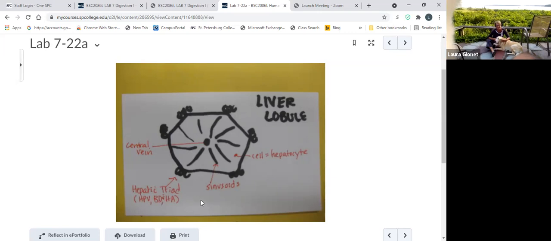The bile duct will be composed of simple cuboidal epithelial tissue, right? Because like 99% of ducts are composed of simple cuboidal epithelial tissue, and it's devoid of any red blood cells because it's not transporting blood, it's transporting bile. It's important to recognize and keep in mind.